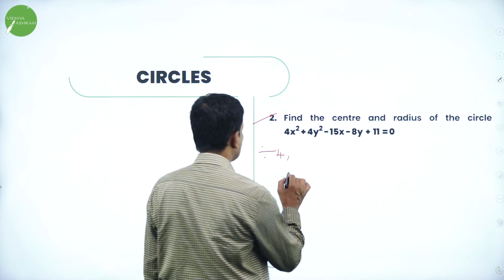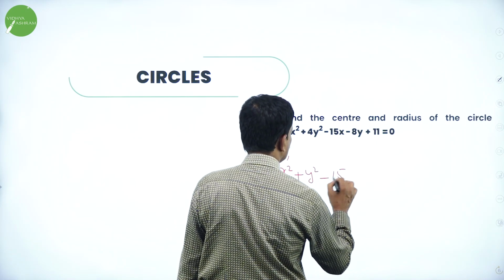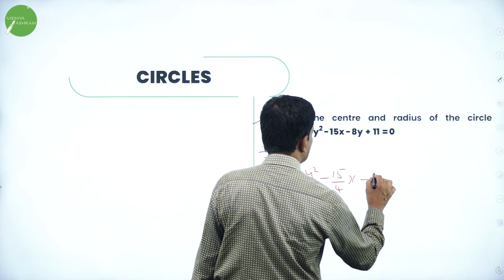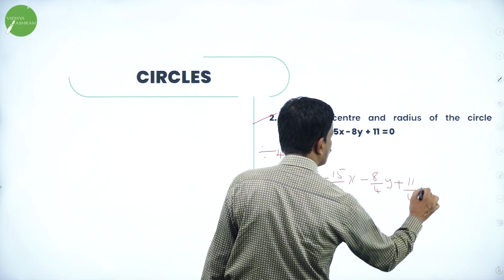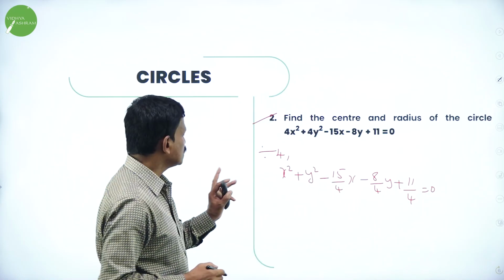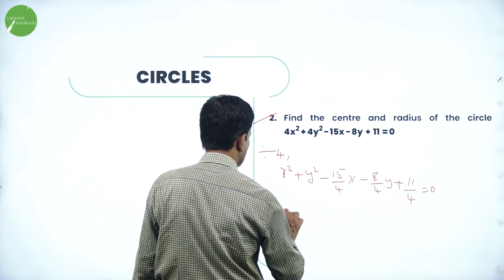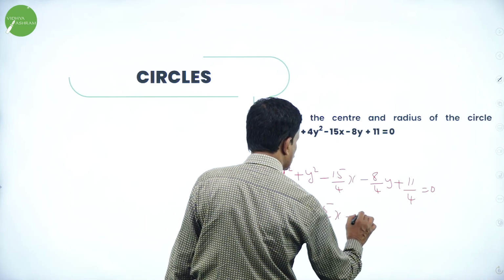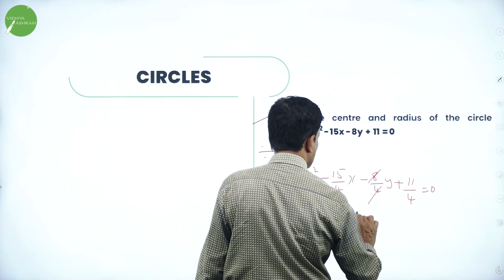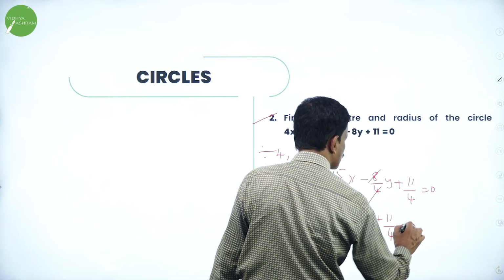If you divide by 4, what happens? x square plus y square minus 15 by 4 x minus 8 by 4 times y plus 11 by 4 is equal to 0. First divide by the constant 4. So this becomes x square plus y square minus 15 by 4 times x minus 2y, as 4 cancels into 8, plus 11 by 4 is equal to 0.